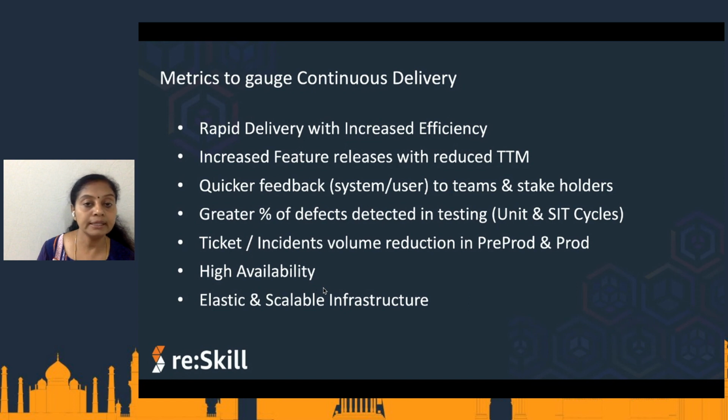And with the managed services like CodeCommit, CodeBuild, CodeDeploy, and CodePipeline, you are by default establishing high availability, and of course elasticity and scalability for the infrastructure. So these are some of the metrics with which you would gauge, okay, I've successfully rolled out continuous integration, am I good? These parameters help you assess whether you are on the right path of this continuous integration journey.